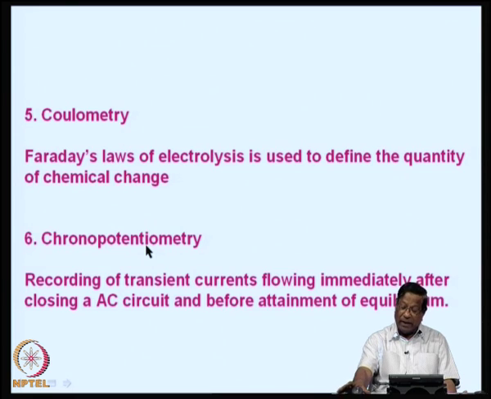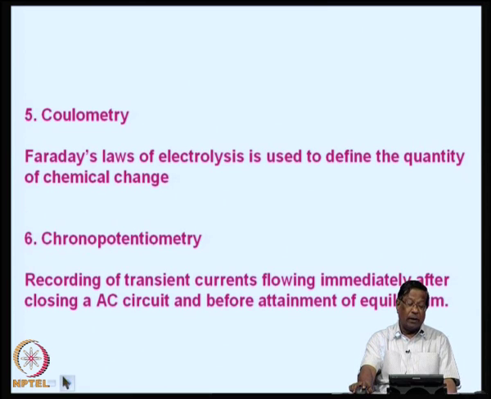So, other things you can look them up in standard textbooks, but if you understand potentiometry and polarography, you will understand most of the other concepts in the other analytical techniques I have described earlier: potentiometry, voltammetry, amperometry, coulometry, conductimetry, and then chronopotentiometry. All these things will become very simple if you understand potentiometry and polarography.